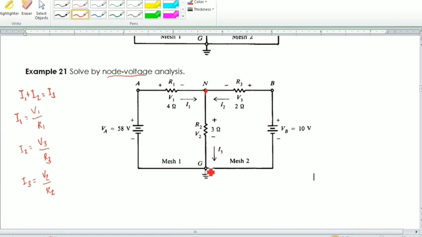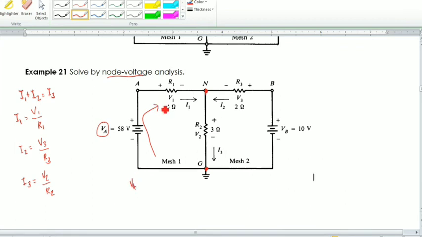Since they are just equal, we may be able to get the voltage at this point by subtracting V sub 1 from V sub A. Because as we have learned from the series circuit, if your current is like that, your voltage will become positive V sub A here, and then when it goes through the R sub 1, there will be a voltage drop, which is V sub 1, and whatever that value is, that will become our voltage right here.